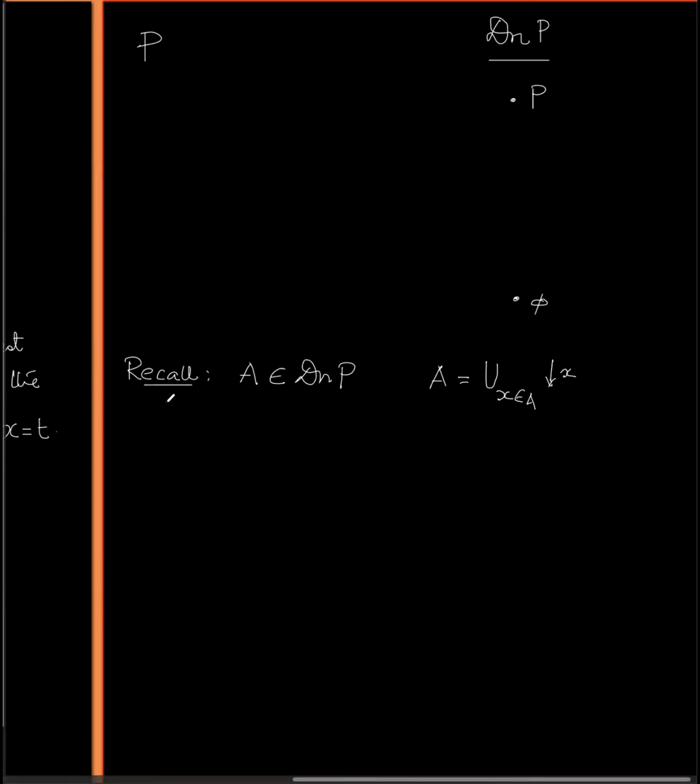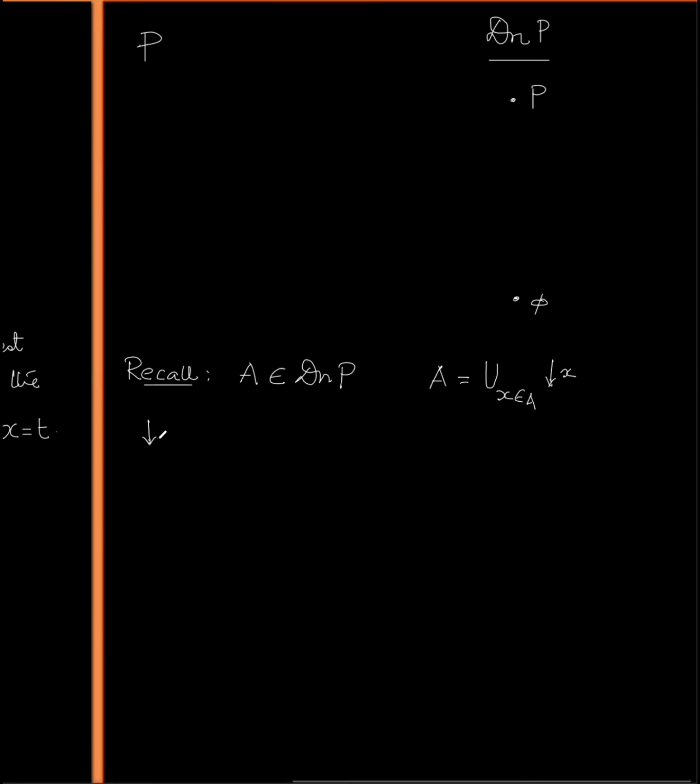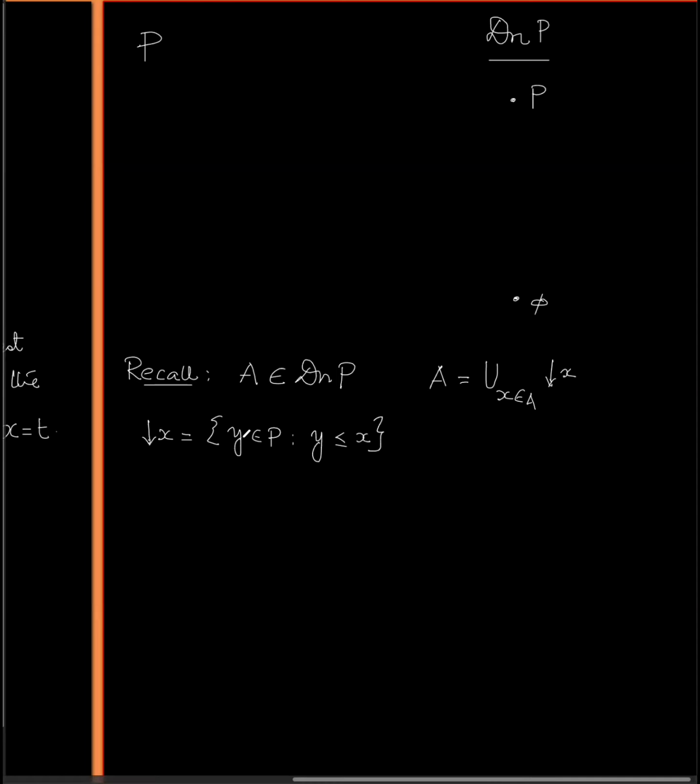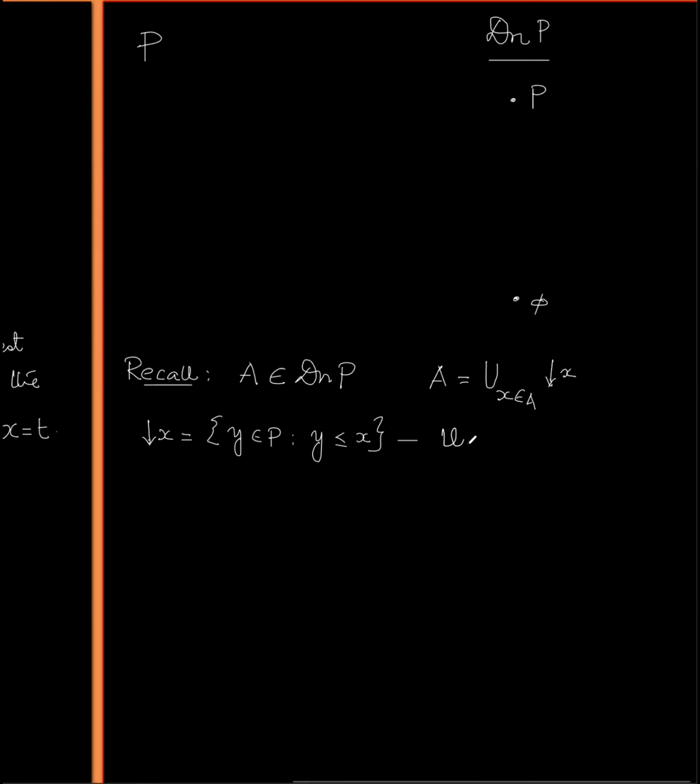The principal downset is the set of all y in P so that y is less than or equal to x. So observe, this is always non-empty. This is the principal downset. Why? This is the smallest downset containing x.